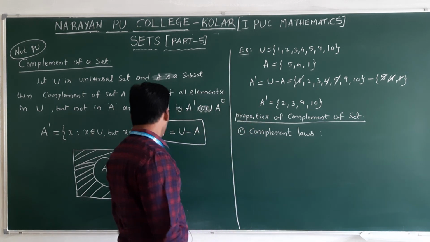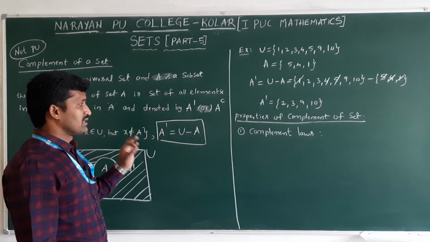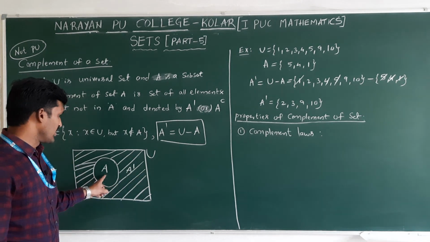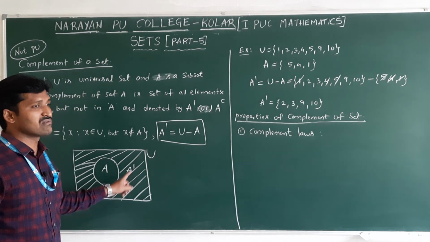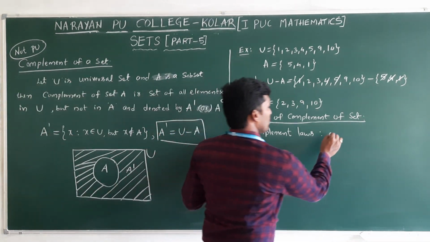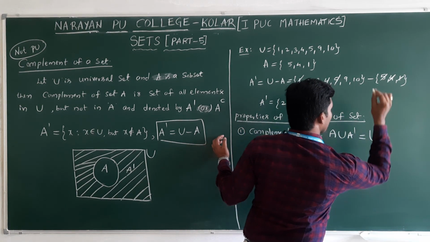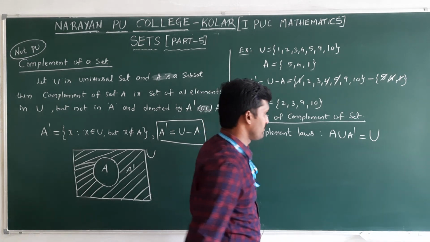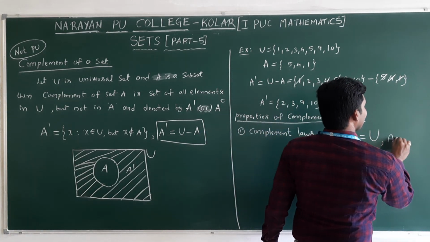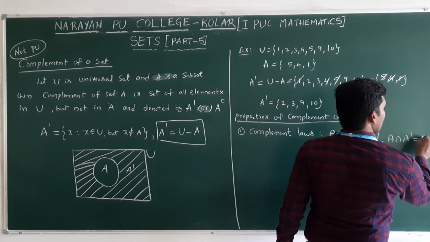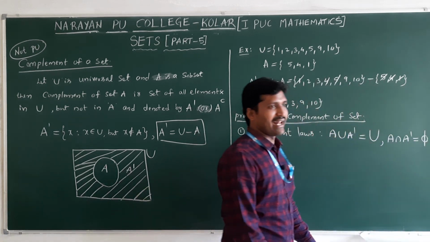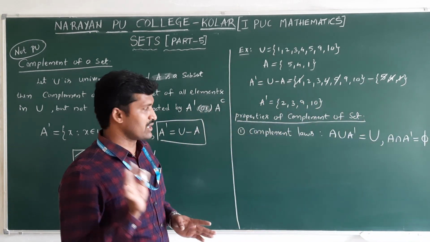Clearly I said A and A dash are disjoint sets, as there is no common outcome. The intersection gives phi. If we apply the union, A union A dash equals the universal set. A intersection A dash gives phi. Here A and A dash are always disjoint sets.